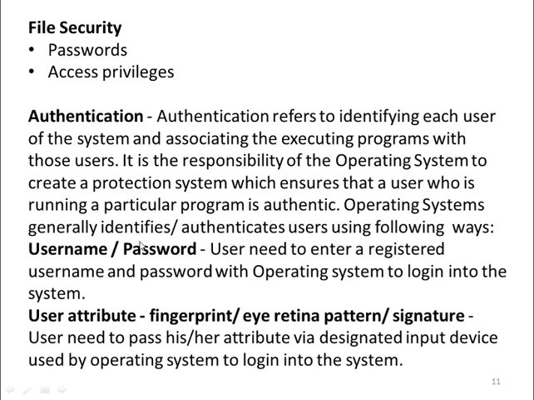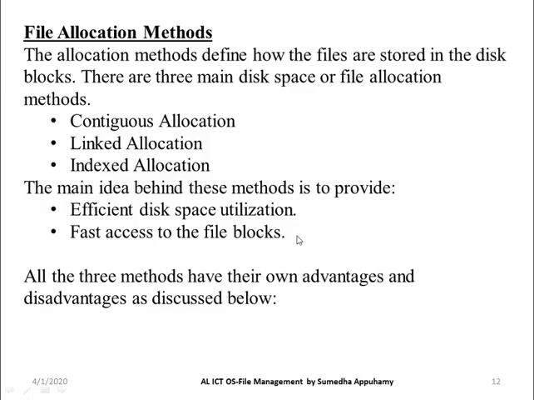Operating systems generally authenticate users in the following ways: with the help of the username and password, and with the help of fingerprint, eye retina patterns and signature. Okay, the user needs to pass his or her attributes via a designated input device used by the operating system to log into the system. And the username and password, as we know, we have to type the username and the password, then it will allow us to use the system.